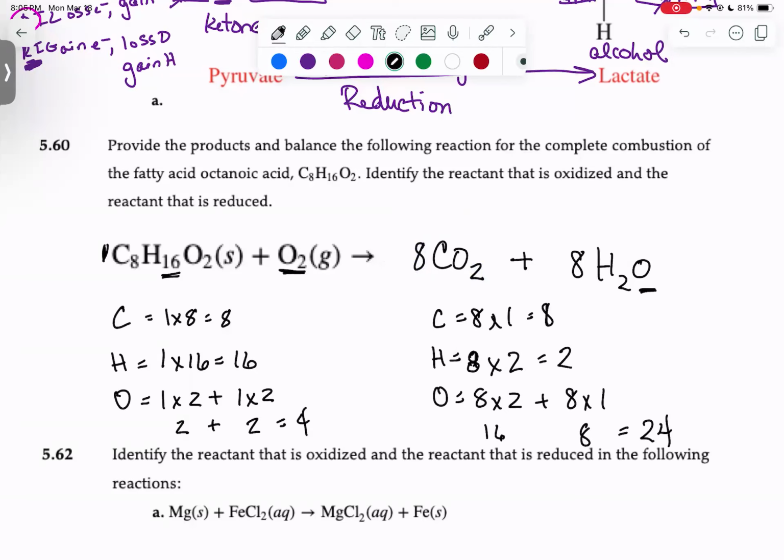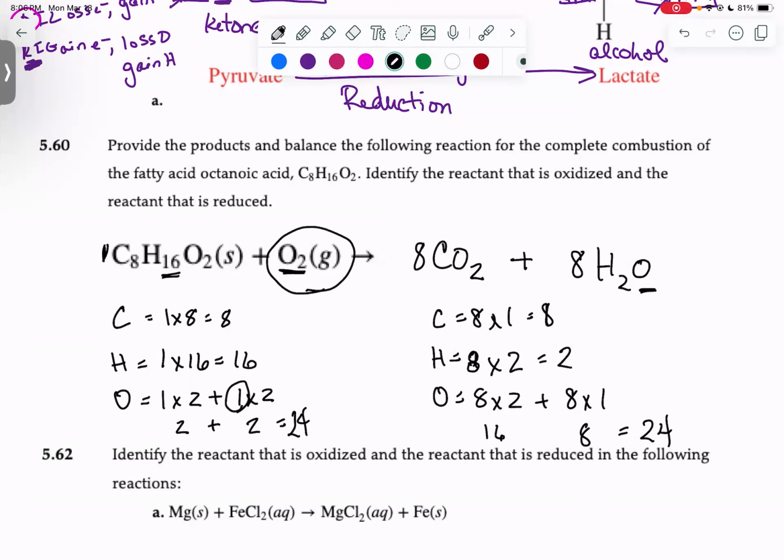So what do I need to do in order to get to 24? I'm going to have to change one of the coefficients if possible. So what could I do? Well, it would be really easy if I could just change my O2 here so that it wouldn't mess up my carbons and my hydrogens. So I'm going to focus on, can I put a coefficient in front of the O2? Can I change this number right here so that my final answer is 24 instead of 4?